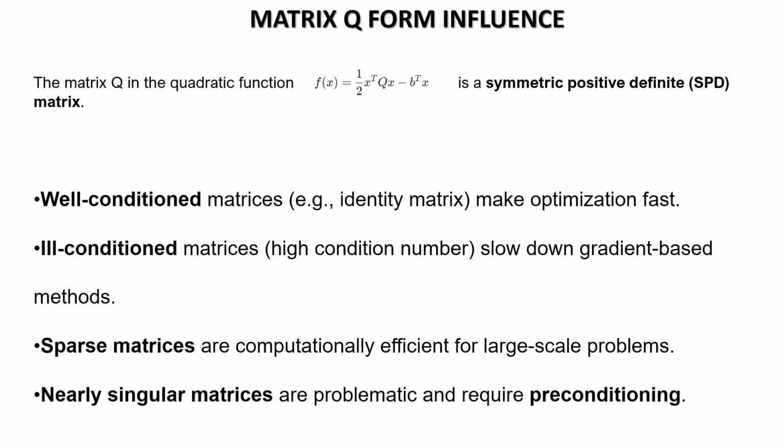Well-conditioned matrices, for example the identity matrix, make optimization fast. Ill-conditioning slows down gradient-based methods. Sparse matrices are computationally efficient for large-scale problems. And nearly singular and singular matrices are problematic and require preconditioning.